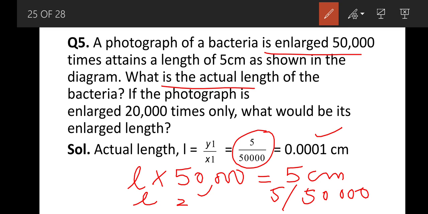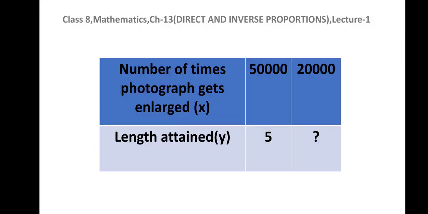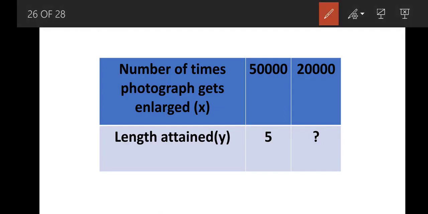Now if the photograph is enlarged 20,000 times only, earlier it was enlarged 50,000 times and the length attained was 5 centimeter. Now when it is enlarged 20,000 times, we need to find how much it will be enlarged. So let us make a table. As I told you, it is always better to make a table.